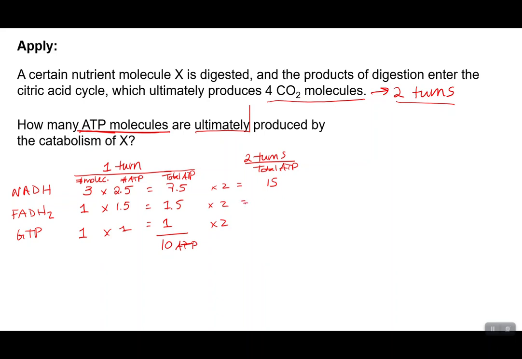I will have 1.5 times 2, that gives me 3, and then 1 times 2, that gives me 2. And this is a total of 20 ATP molecules. So this is how you would calculate the total amount of ATP molecules that you can produce, depending on how many turns you go through in the citric acid cycle.